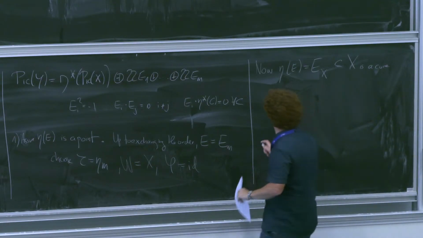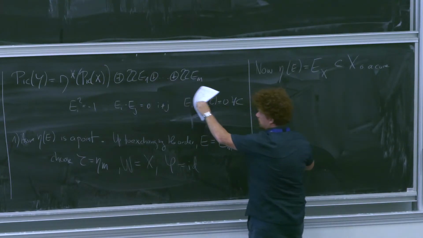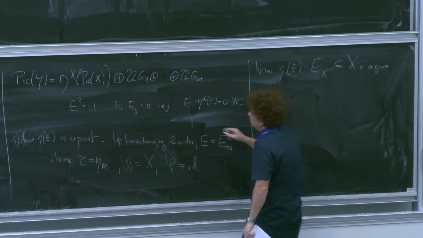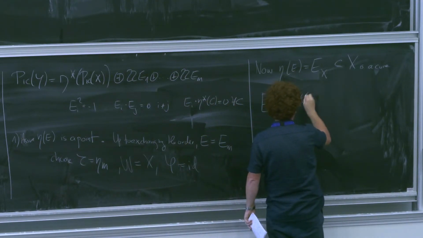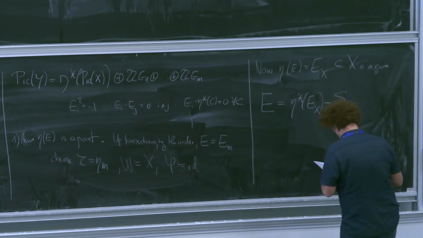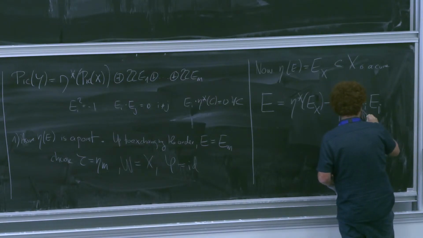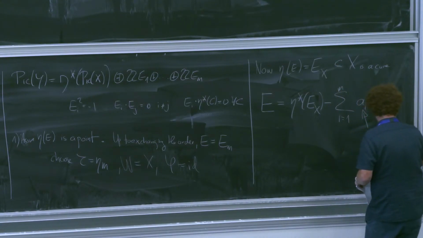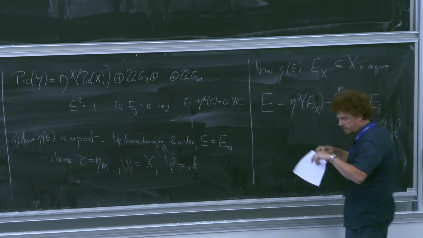Now what you have is that e, I write it in this basis. So it's eta star of e x minus the sum of a_i e_i, i = 1, 2. These are the multiplicities at e_i.